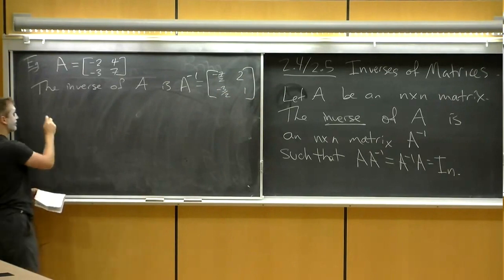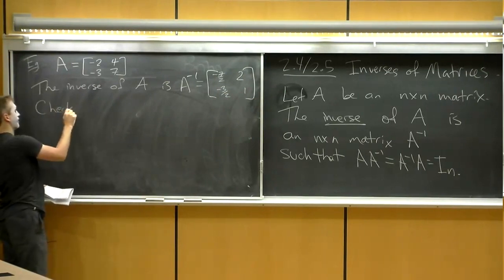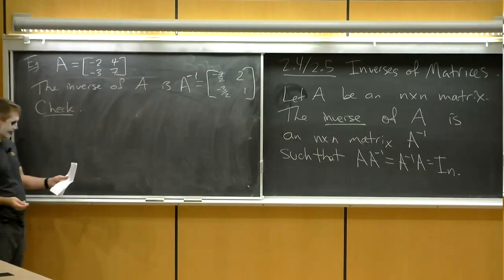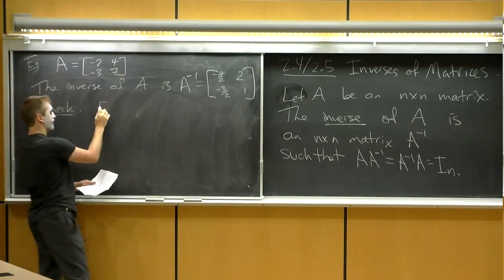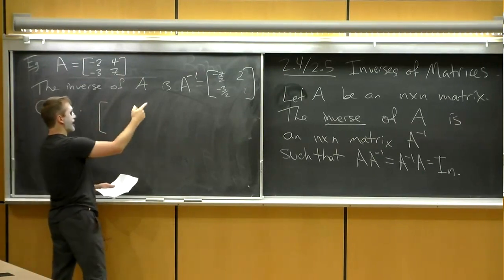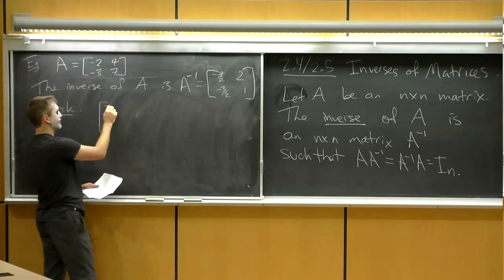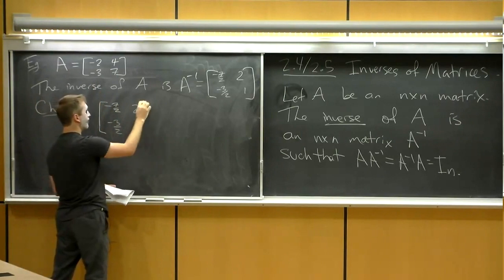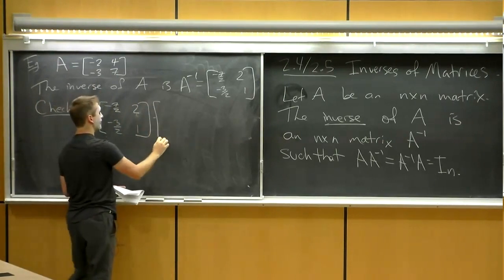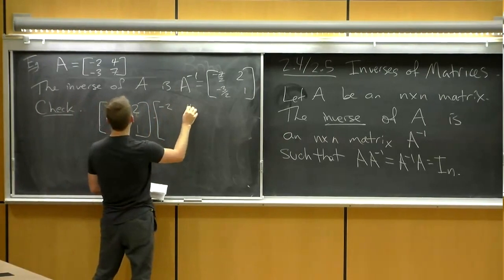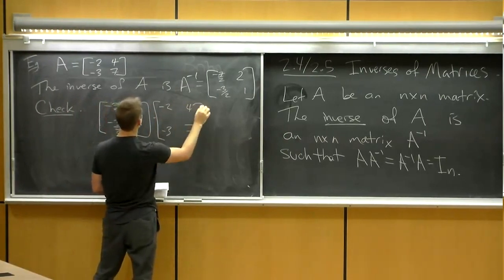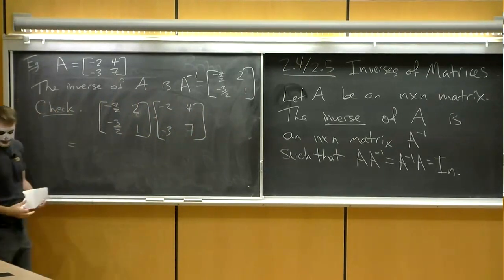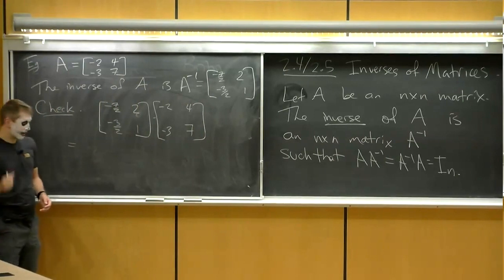So to check this, I just multiply the matrices. Let's do A inverse times A and see what it gives us. So -7/2, 2, -3/2, 1 times -2, 4, -3, 7. Okay.